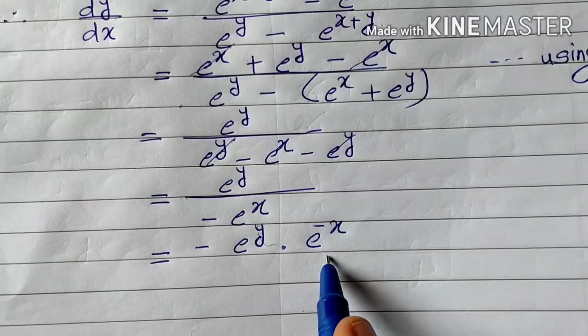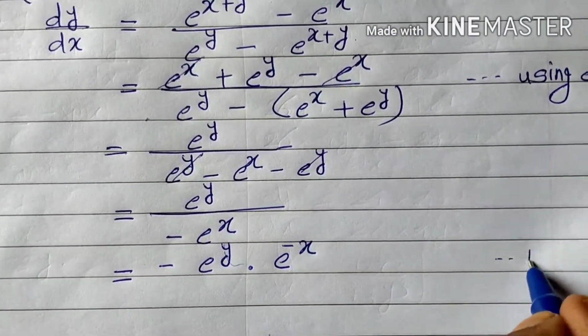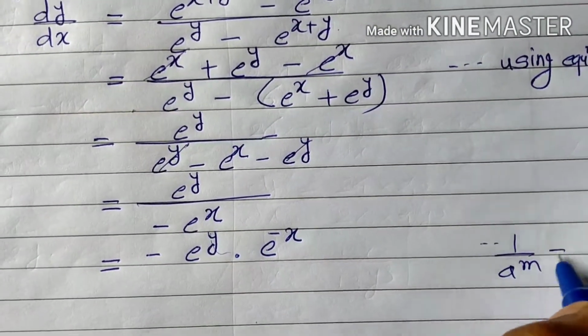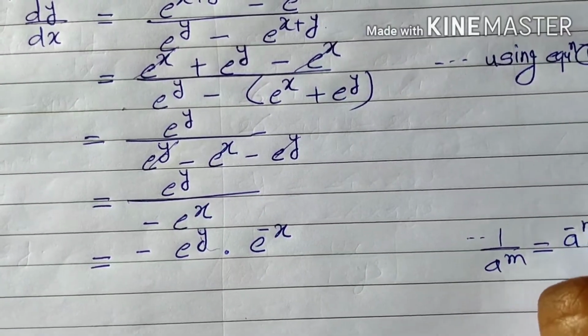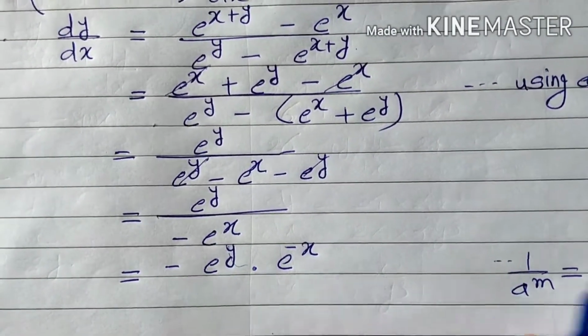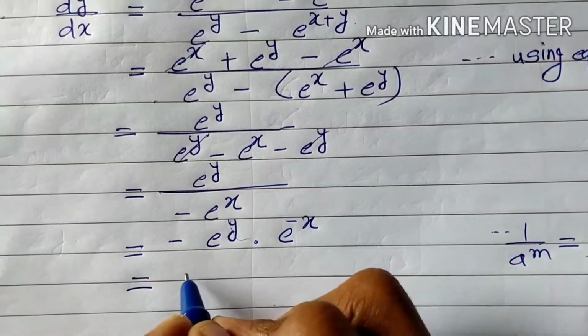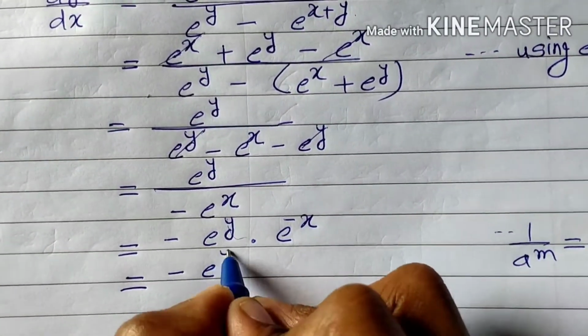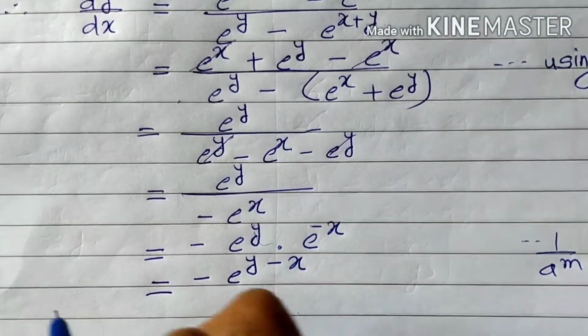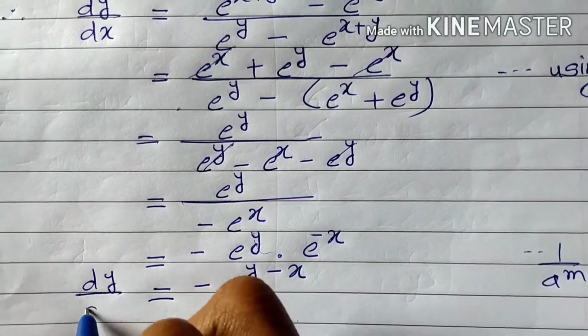Using the laws of indices, what is the rule? 1 upon a raised to m is equal to a raised to minus m. This rule is used here. Now using laws of indices, minus e raised to y minus x, which we have to show.